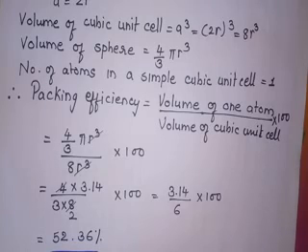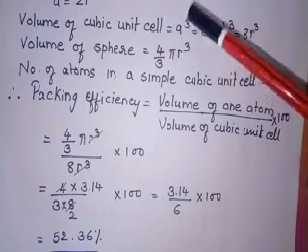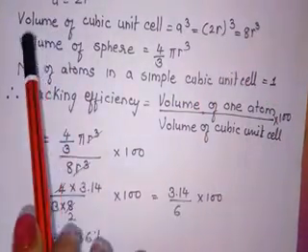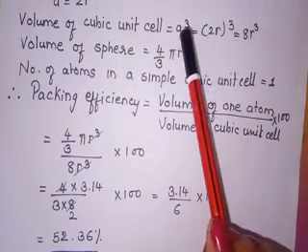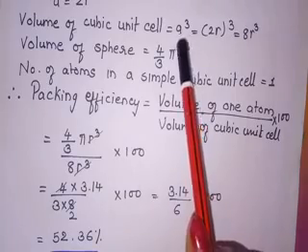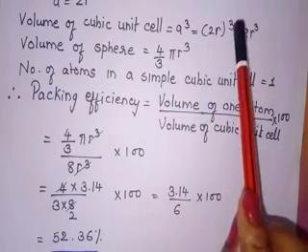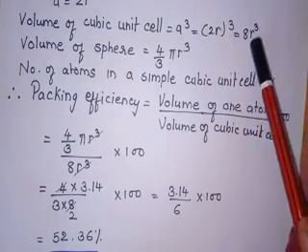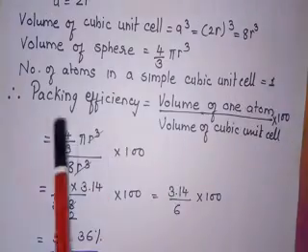The edge length can be called a. So the volume of the cubic unit cell will be a cube. Here a is equal to 2r, so a cube is equal to (2r) cube, and this you will get as 8r cube.